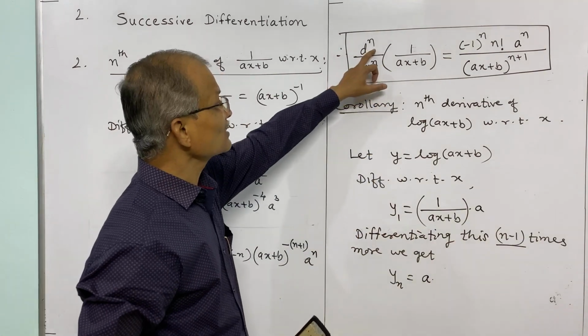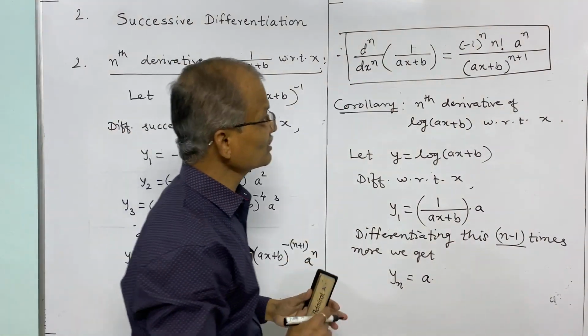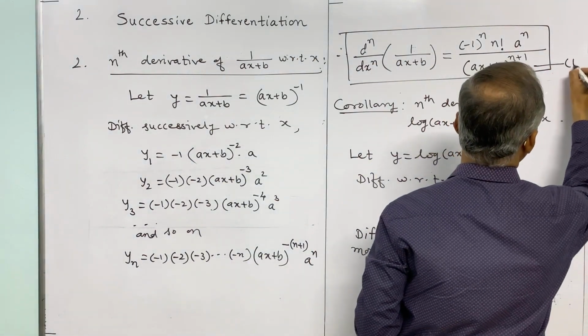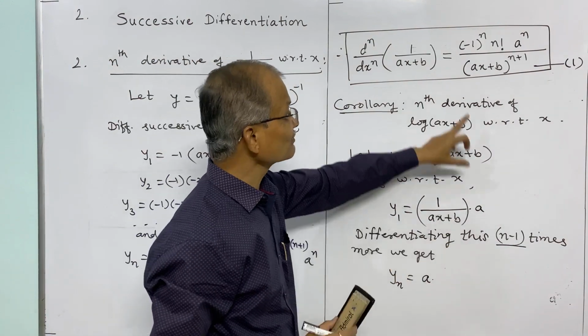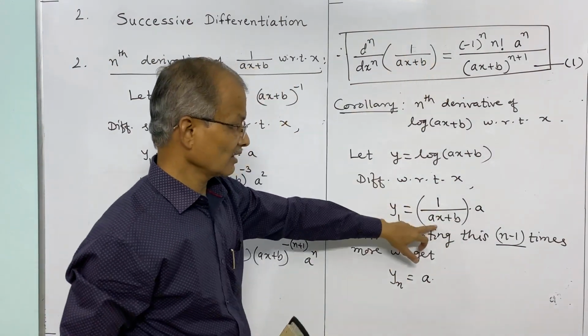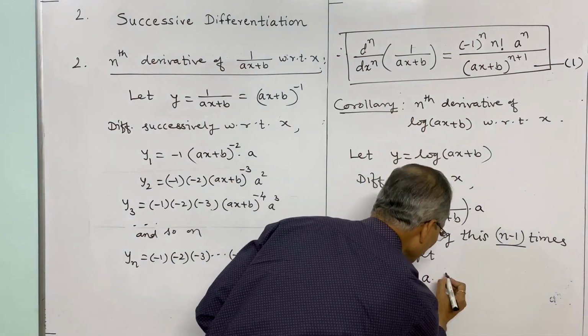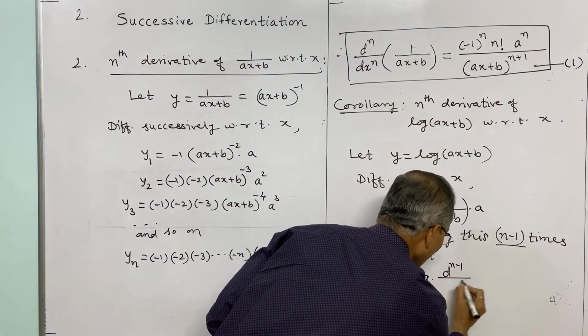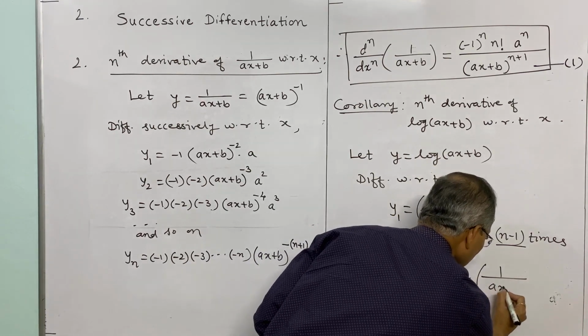That means replace n by n minus 1, and we may suppose this as equation 1, and using equation 1 write the n minus 1th derivative of 1 upon ax plus b.